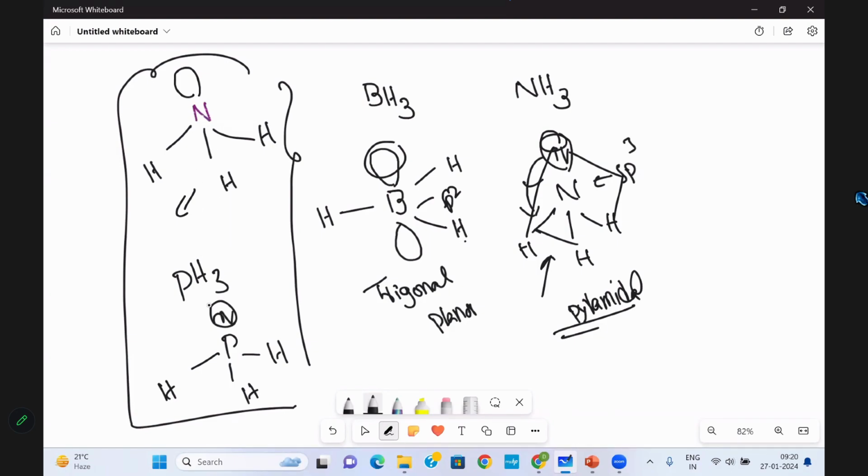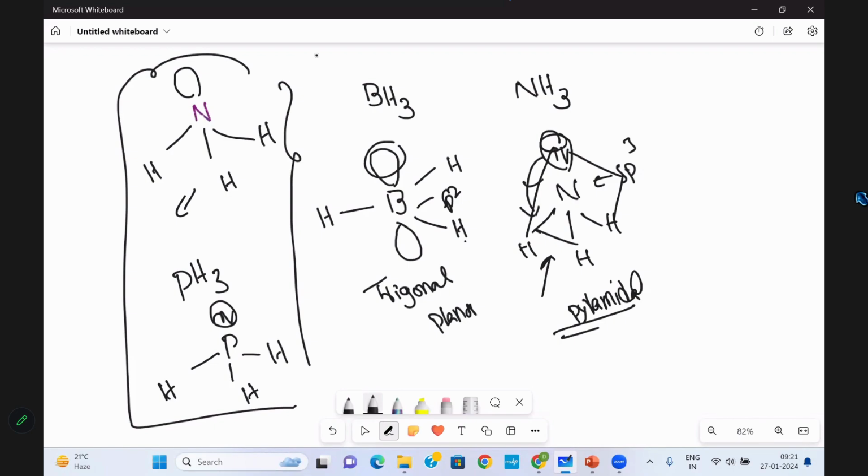Between ammonia and phosphine, ammonia has lots of organic, organometallic and coordination chemistry known. Phosphine is very toxic and smells terrible. Ammonia is also toxic, by the way, but its smell is not that sensitive to human beings. So ammonia is a very well-known compound, and ammonium salts are very well known.